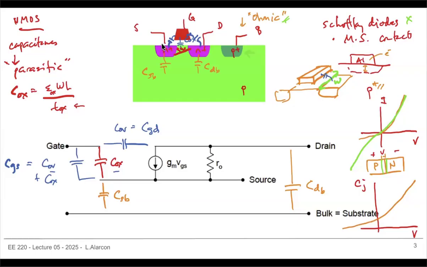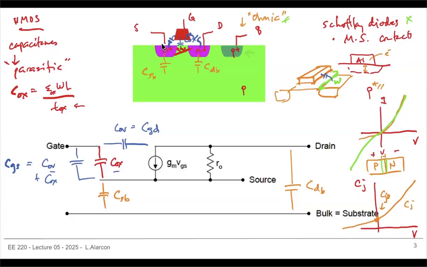It's going to be exponential, with some zero bias capacitance over there. With zero voltage, you do have a depletion region, and that gives you some value for capacitance. This changes as a square, or sometimes some other factor.